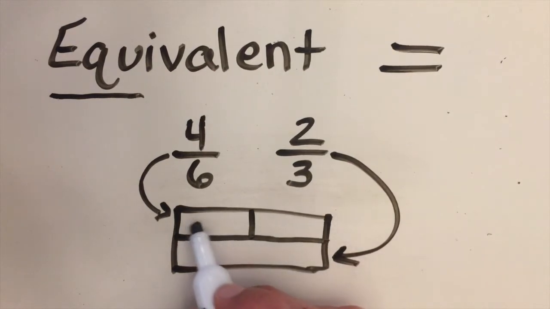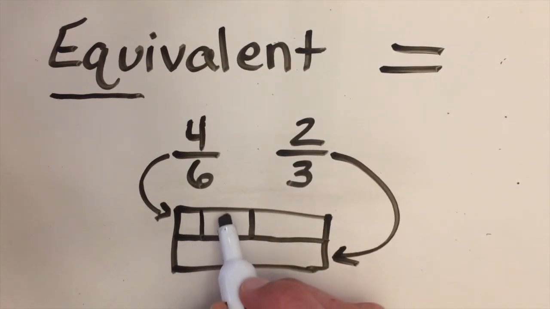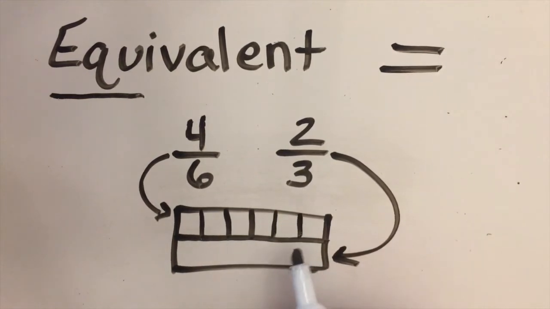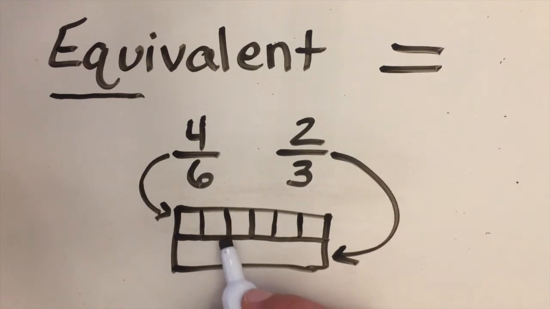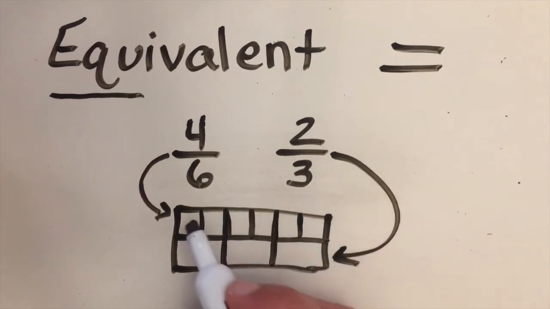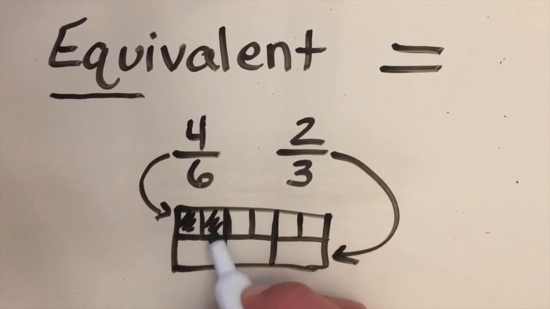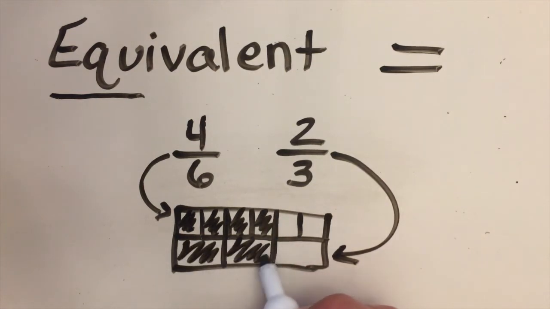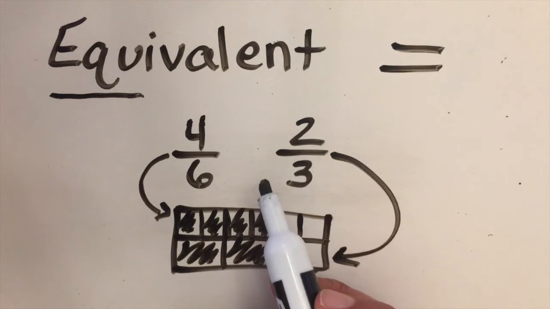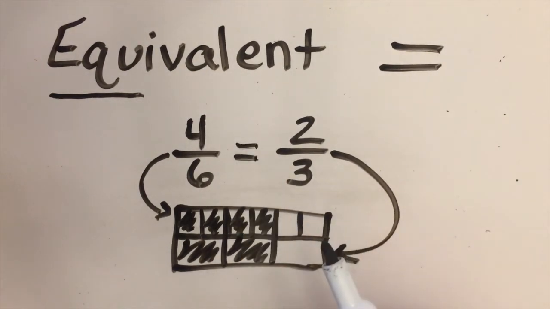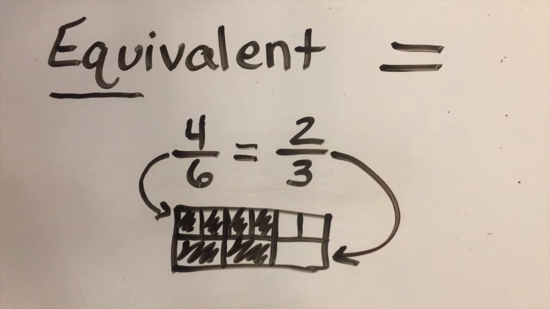So I'm going to have to split this into 3 equal parts, and this into 3 equal parts, and then the bottom portion I have to split into thirds. So we continue this line down, now we continue that line down. I'm going to shade in 4 parts on top, 2 parts on the bottom, and you can see they go to the same point. So in this case, I would say that 4/6 and 2/3 are equivalent to each other.